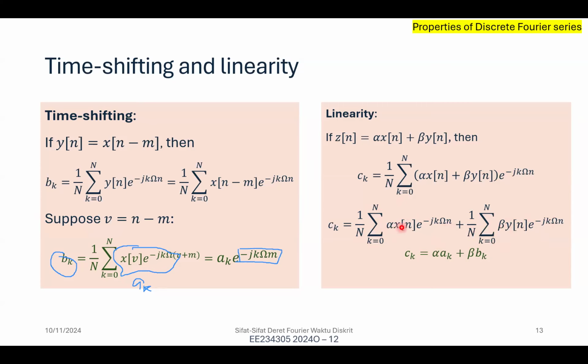We pull alpha and beta out, and we get alpha times ak plus beta times bk.